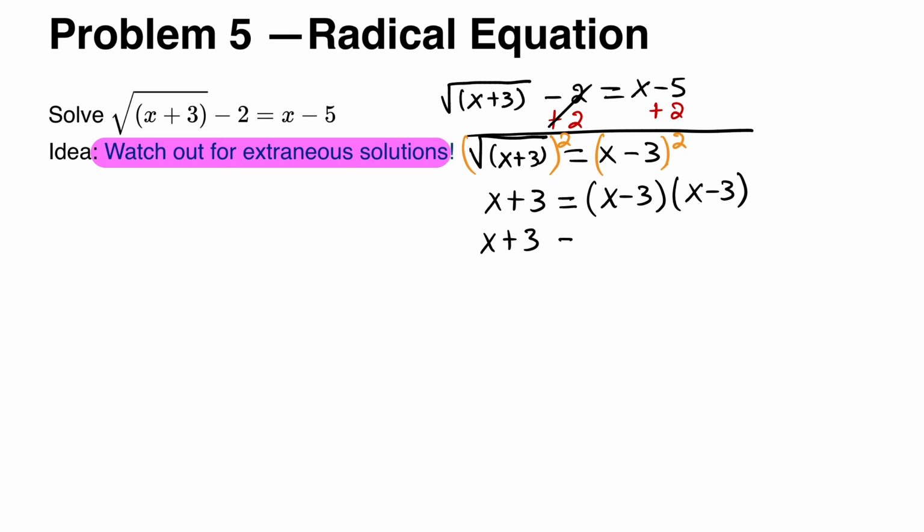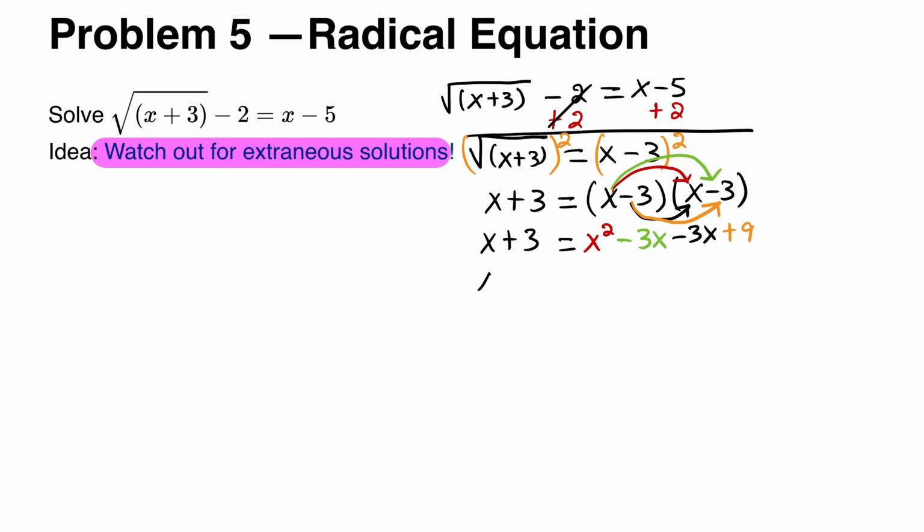So we have x plus 3 equals, and then we'll start with x times x is x squared. And then we have x times negative 3 is negative 3x. Next is negative 3 times x is negative 3x. And finally, negative 3 times negative 3 is positive 9.